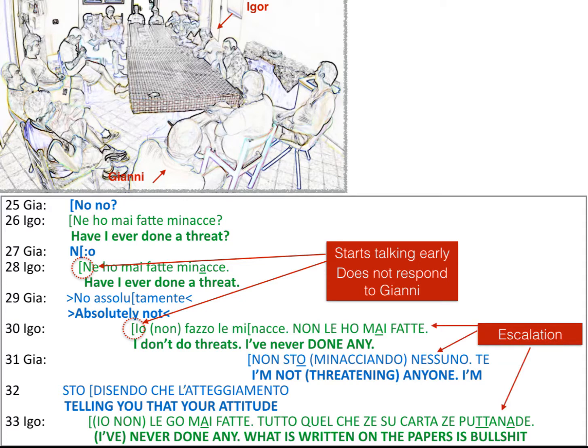And at some point there is escalation. I use the capital letters to display people using a higher volume of voice, really, increased amplitude. And at this point, the client is also starting to interrupt the staff member while he's still talking.